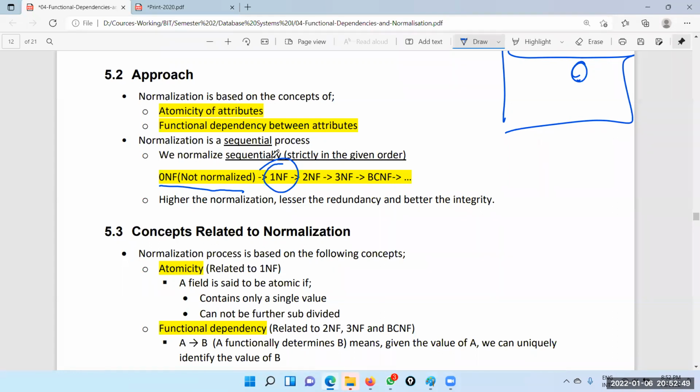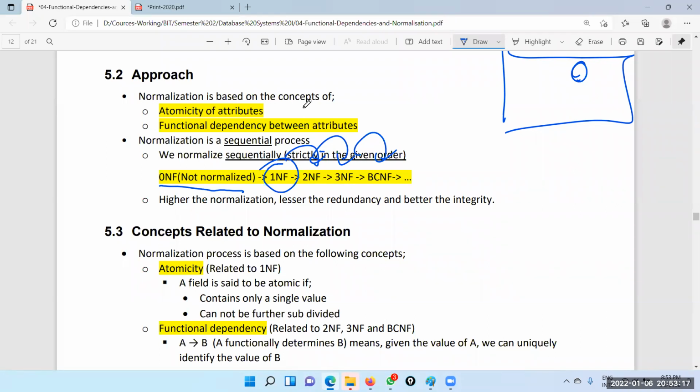Once you make it 1NF, or if it is already 1NF, then you can make it 2NF. Once it is in 2NF, you can make it 3NF. Once it is in 3NF, you can make it BCNF, or you can go for fourth normal form. You can't start with the 3NF and then do the first NF. It's a sequential process.